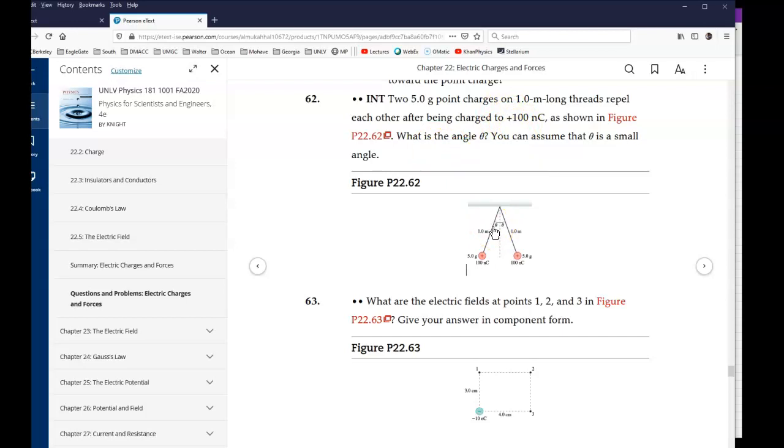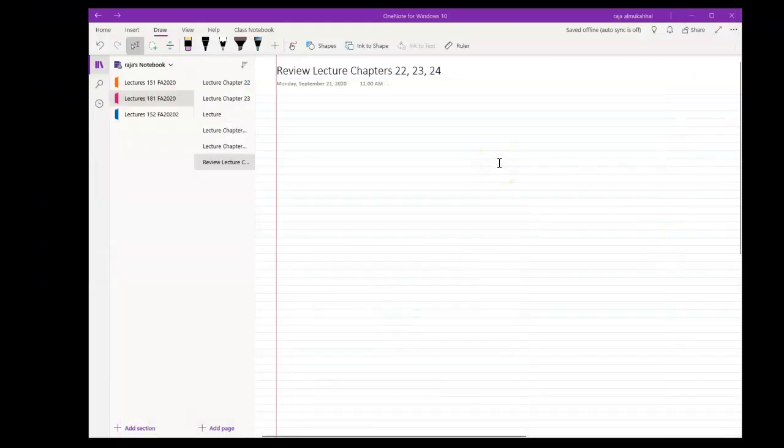Okay, I'm going to give you a sketch of how to solve this problem, and then I'm going to move on to the next one, number 75. So here's how it goes. Number 62.